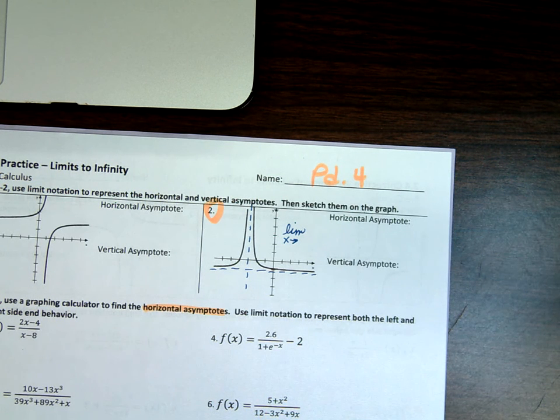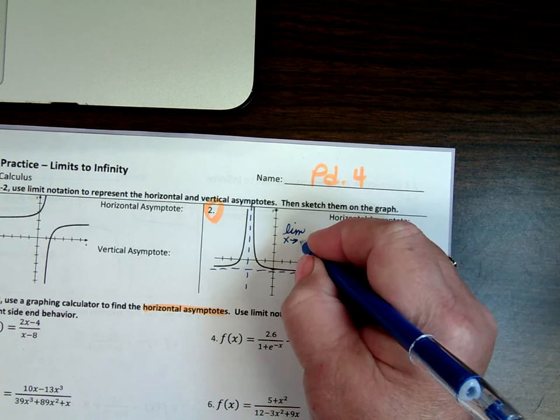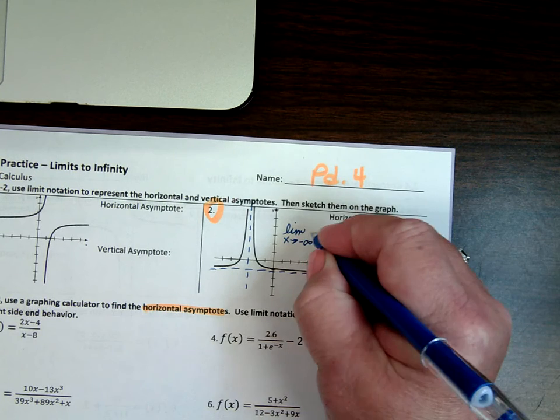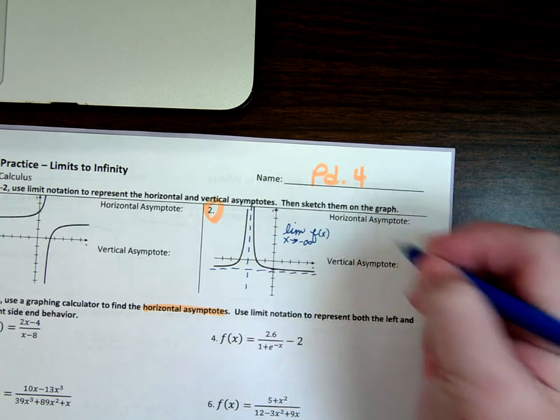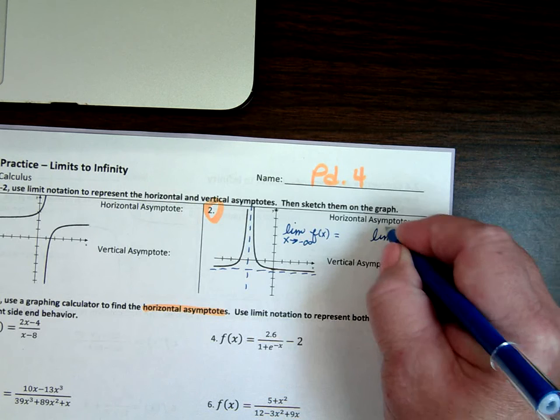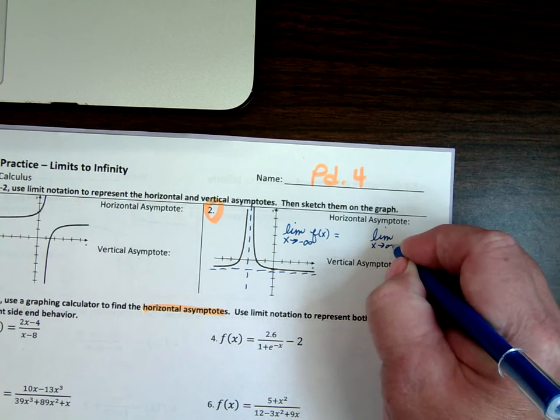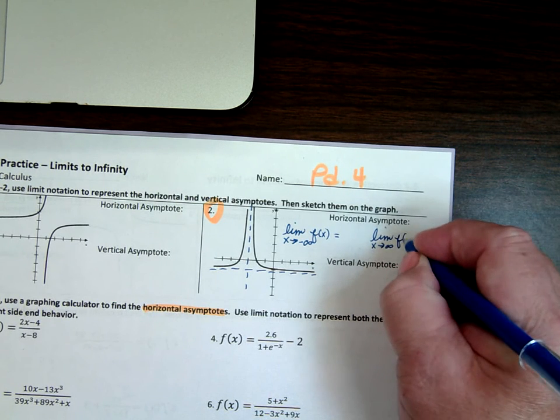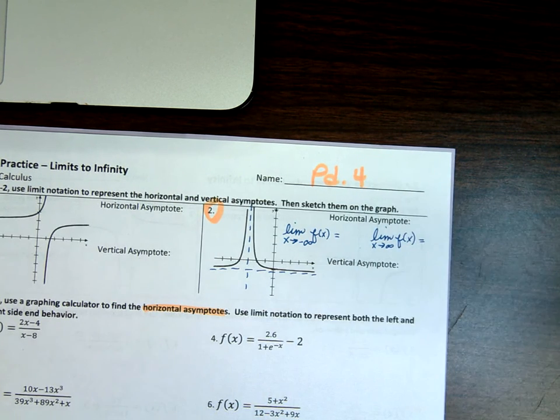Way on the left, I'm going to negative infinity. What's that graph doing when I go really far to the left? And then I want to know what it's doing when I go really far to the right, which is positive infinity. Here's my notation. I always have to have that same notation when I'm talking about horizontal asymptotes, and they're asking me to use limit notation.